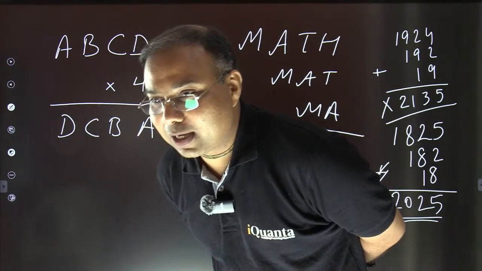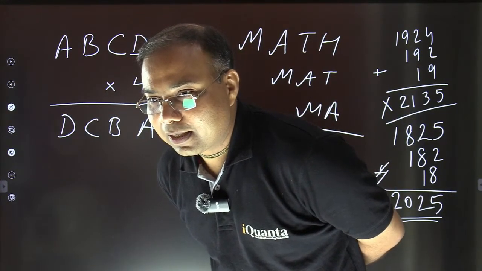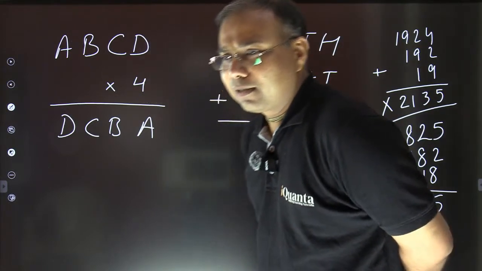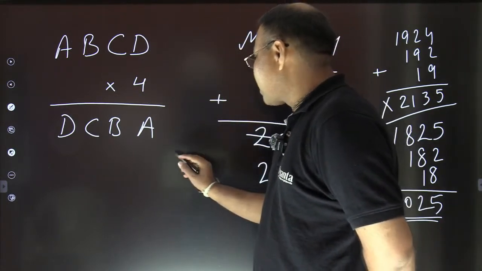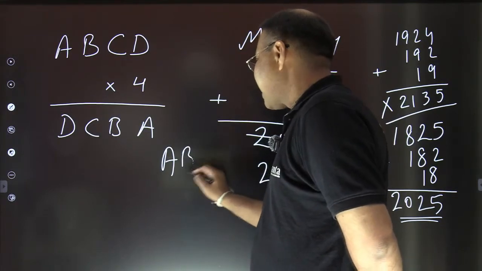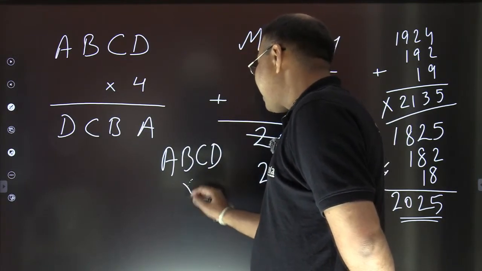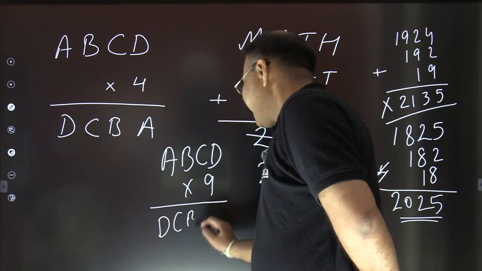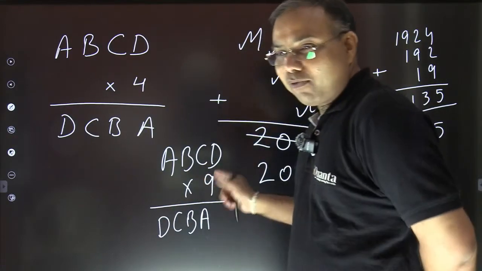Many of you already remember this answer, I guess. Yes, Navanil, Keshav, Siddhant. There is no dearth of questions. I'm changing it. ABCD multiplied with 9. Same thing happens, DCBA. Now find the answer for this one.